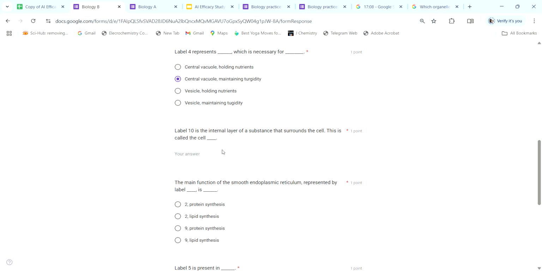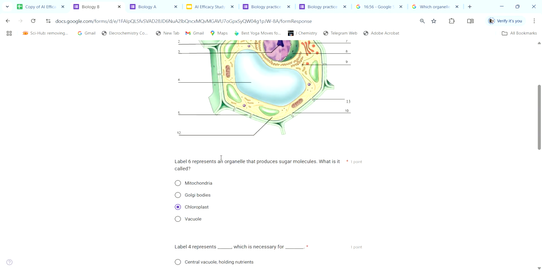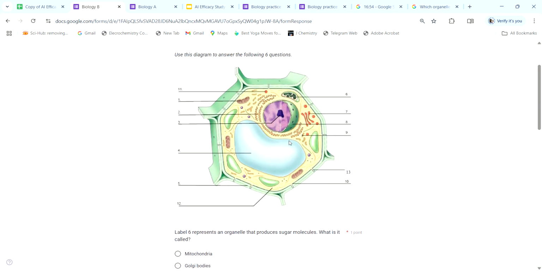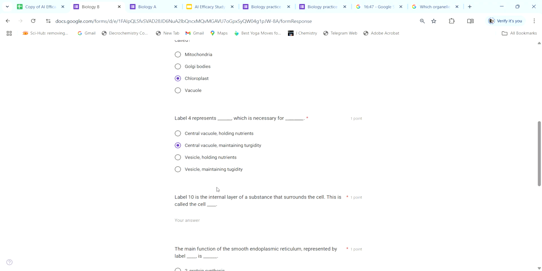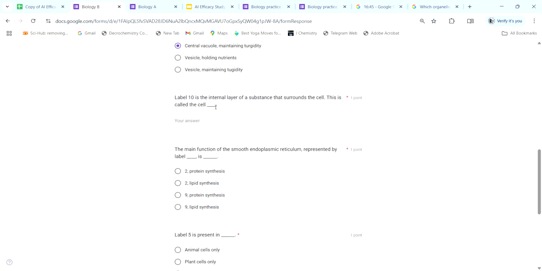Label 10 is the internal layer of a substance that surrounds the cell. This is called the cell membrane.